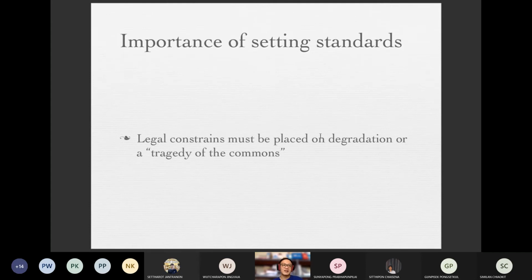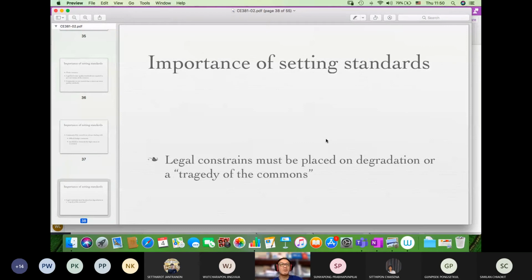So finally, the environmental quality deteriorates. These comparisons are considered the tragedy of the commons. You can search for these articles and look for the meaning.